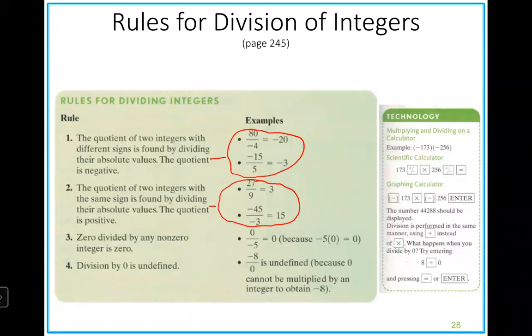Some calculators actually tell you can't divide by 0, or some just give you the error symbol. Okay, so of course, because we're using calculators, you'll see the technology section on the right-hand side of the slide. Basically, much of this can be done using a calculator. It's good to know the rules because sometimes you make a mistake.